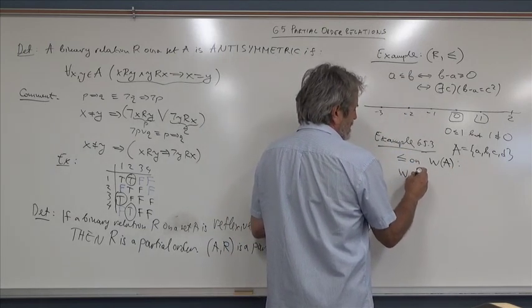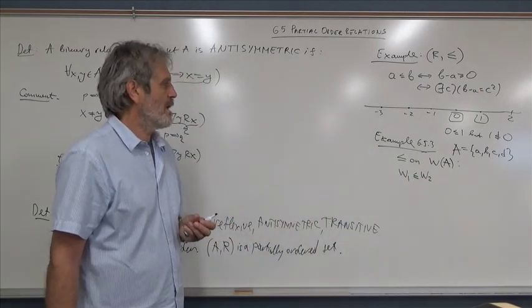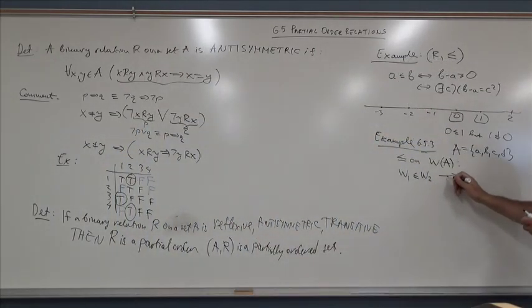Word W1 is less than or equal to word W2 if, let's go with lexicographic ordering of words, like in the phone book. So if there exists i from Z plus such that on the ith letter, so before that, they have the same value.